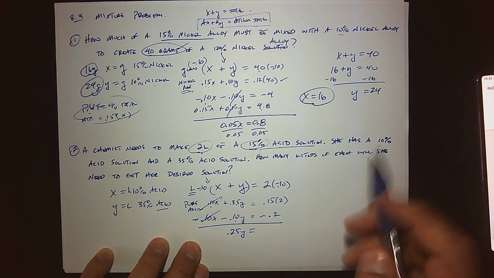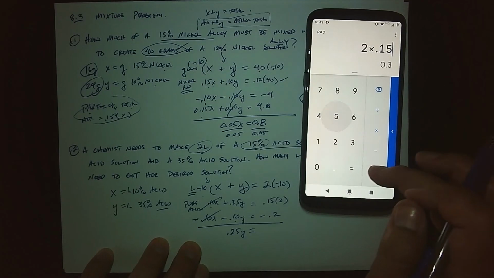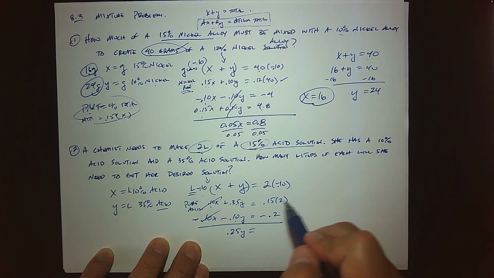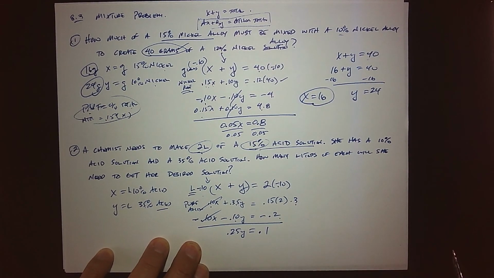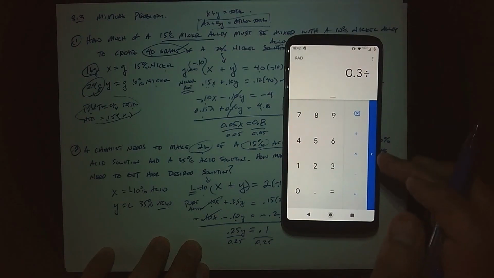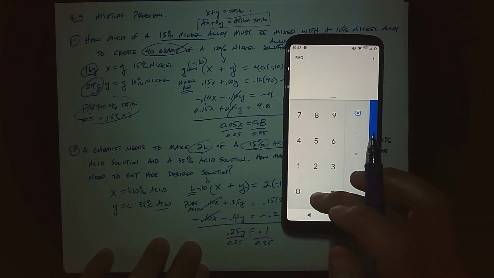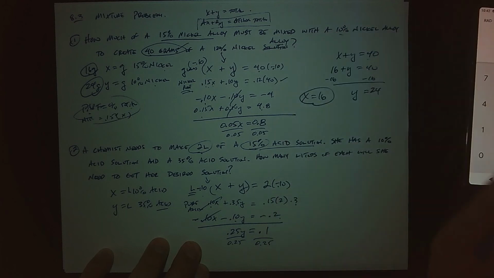And let's see, 2 times 0.15 equals 0.3. So this is 0.3. So 0.3 minus 0.2 is a 0.1. So dividing both sides by the 0.25, and again, it's been a long, hard summer, so you guys have earned the calculator. 0.1 divided by 0.25 equals 0.4.